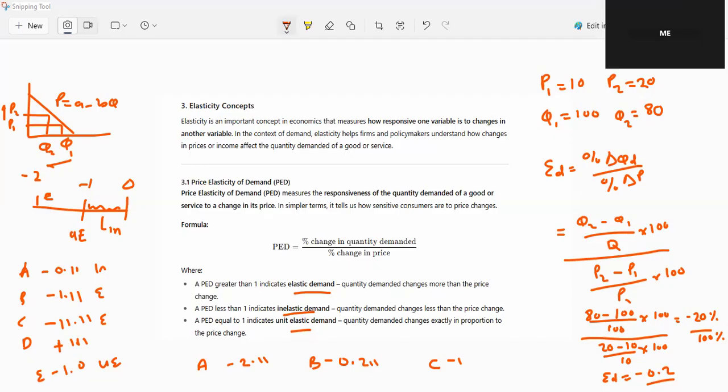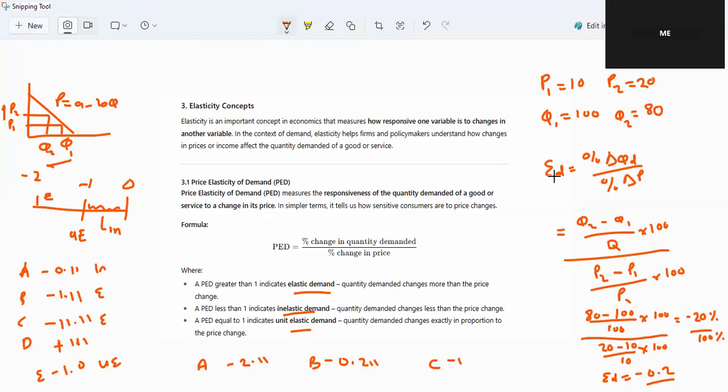So there's also what we call arc price elasticity of demand. Point is at a particular point, so at that particular point you calculate it. Sometimes you would be given a scenario where you want to calculate price elasticity of demand within a certain arc of prices, so that you are able to tell as a business whether to charge a high price or not.